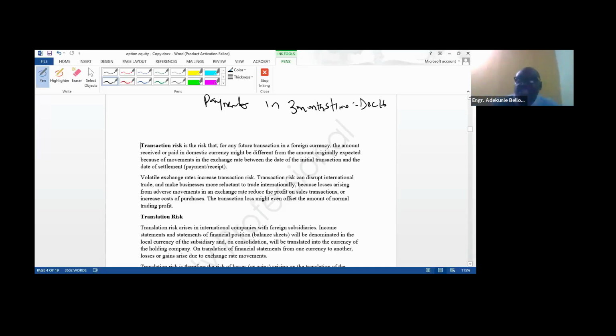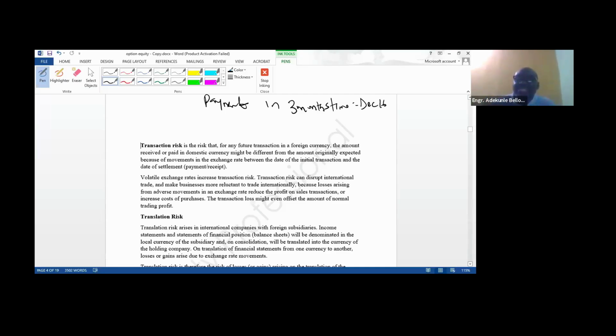That gives rise to risk. What we call risk is uncertainty. What we call risk is fluctuation. When you are not certain of what will happen in the future, that is risk.